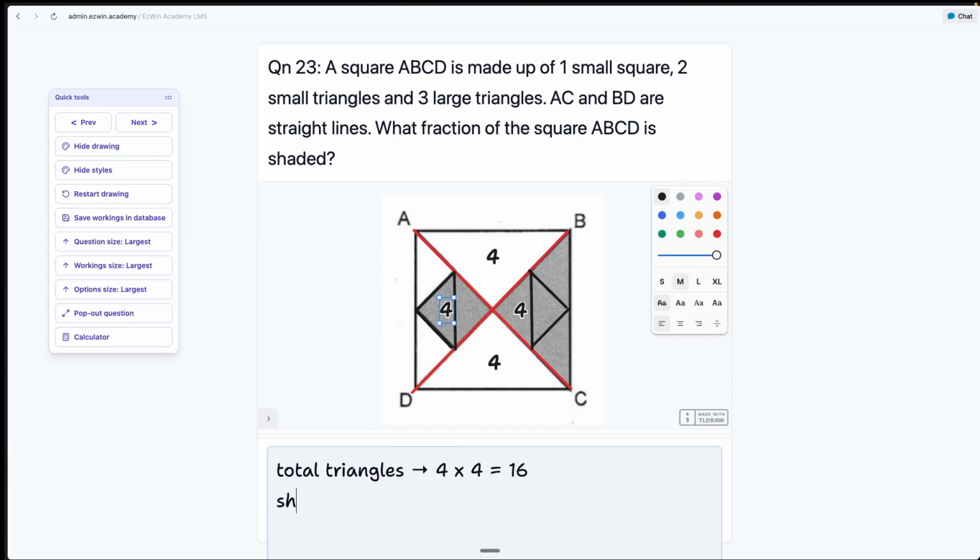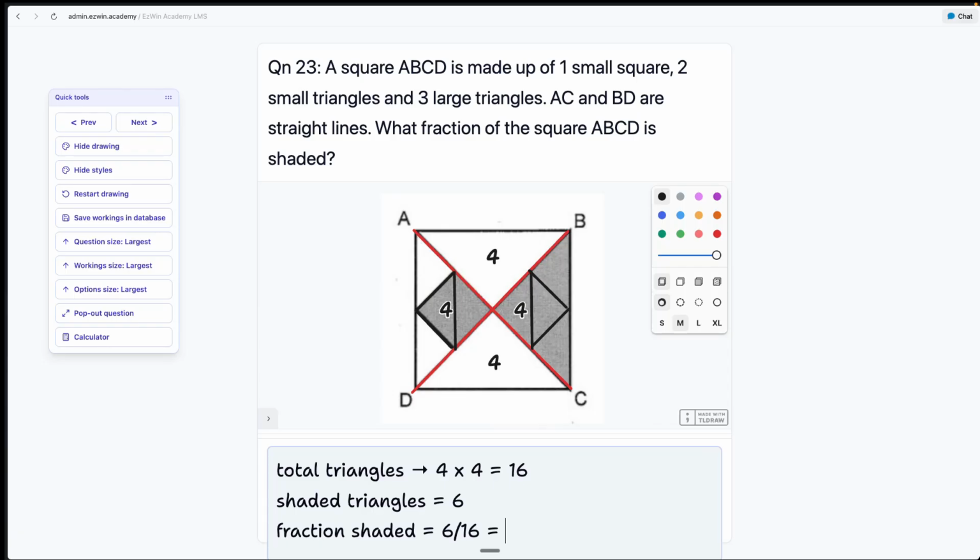And then shaded triangles is equal to, so we have 1, 2, and then 6. 6. Then the fraction for ABCD that's shaded is equal to 6 out of 16, or we can simplify this.